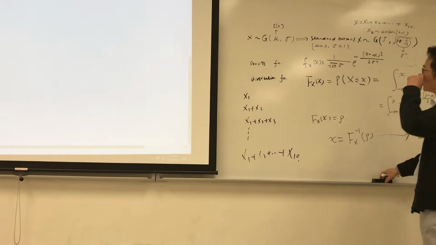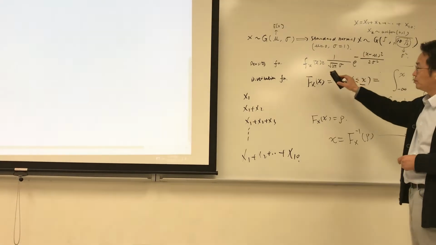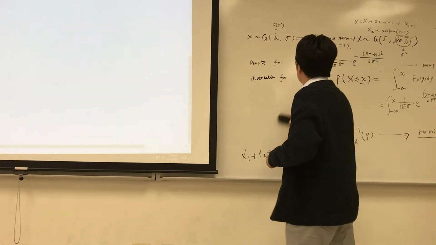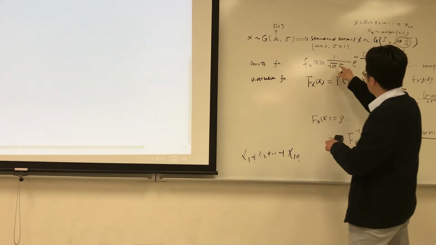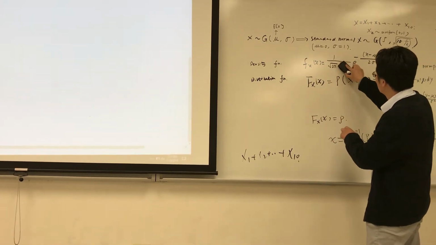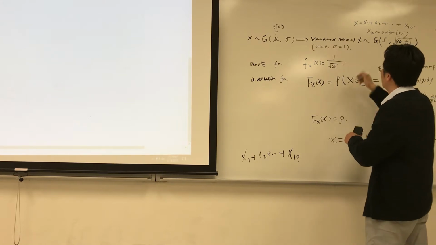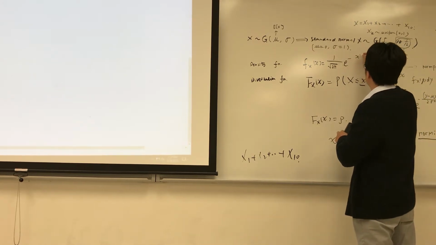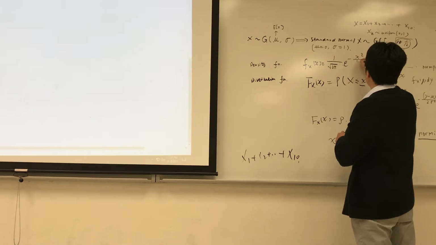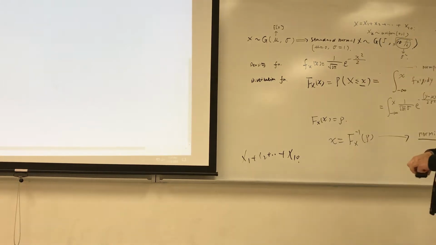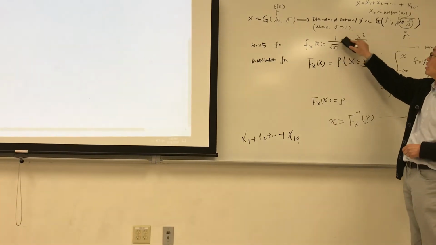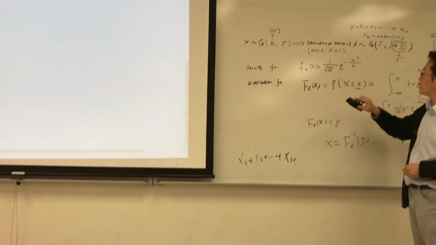In other words, in this case, this becomes this guy here, e to the minus x squared over 2. So this will be the density function for the standard normal distribution.